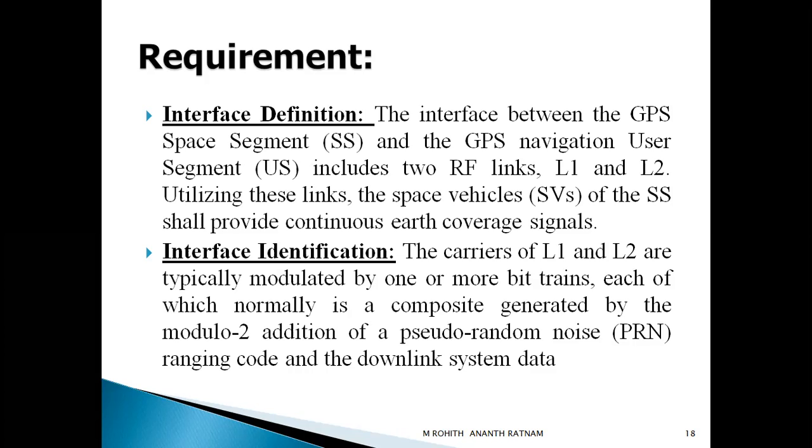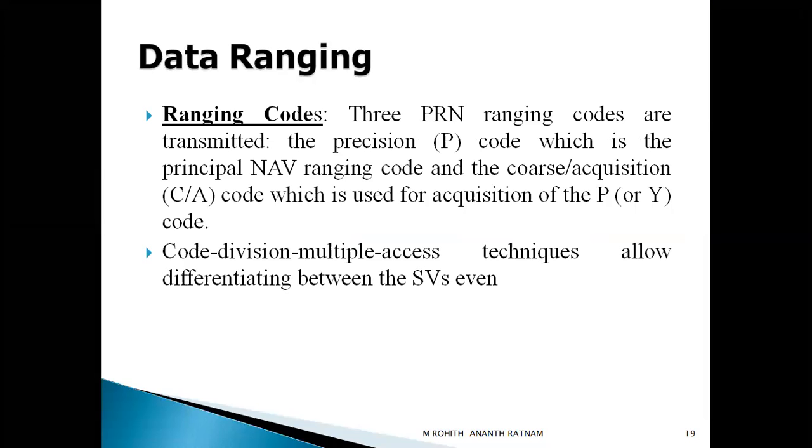So for that I am linking this L1 and L2, and then I'll be sending the data, trying to use pseudo random noise to give the data, and adding some code to get the unique ID, right?